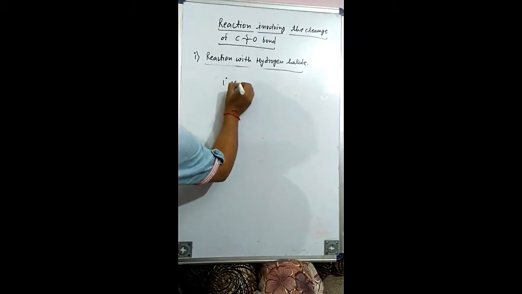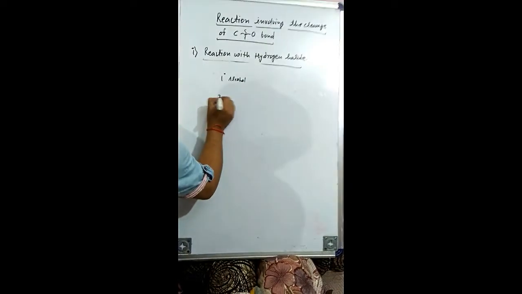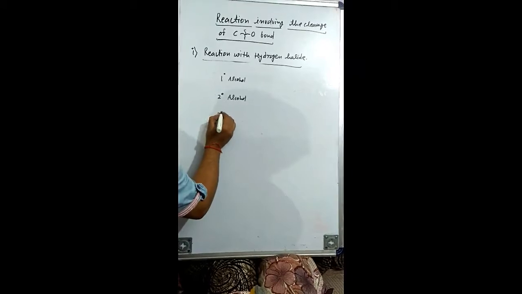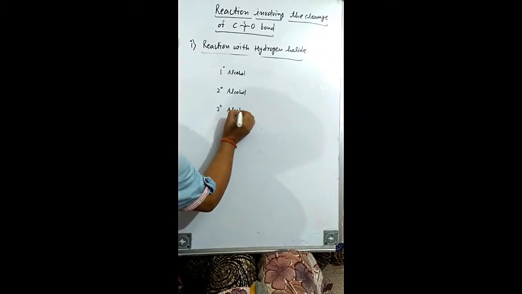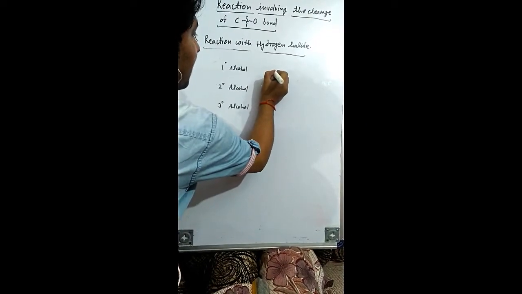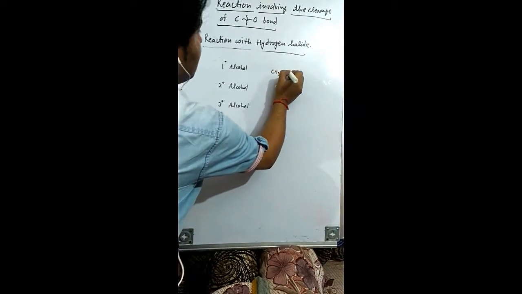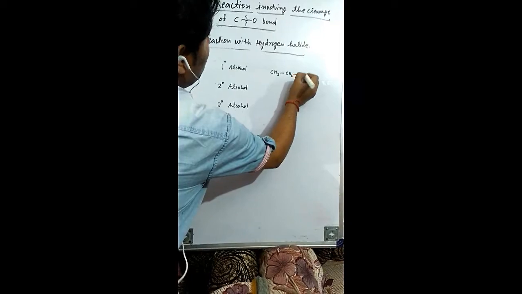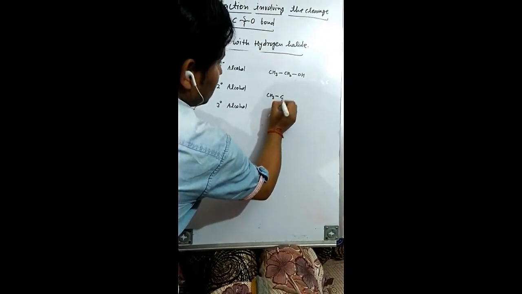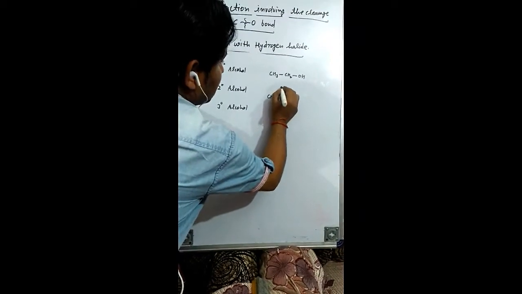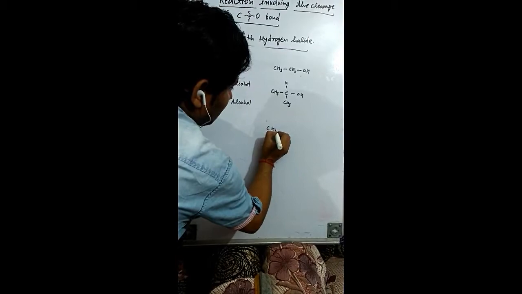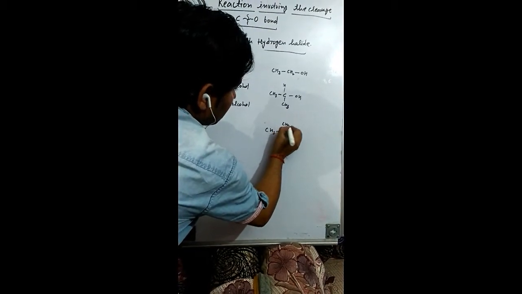Primary alcohol, secondary alcohol, tertiary alcohol. If you see this primary alcohol CH3CH2OH, secondary alcohol CH3CH(CH3)OH, tertiary alcohol CH3C(CH3)2OH.